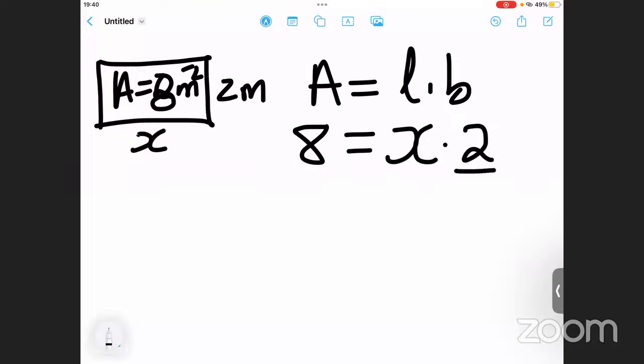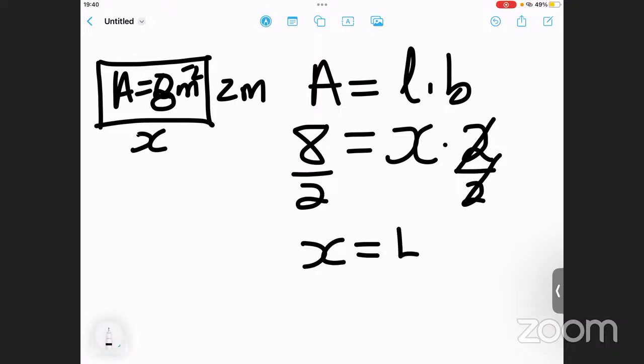So to calculate x, we divide by 2 so that we remove that 2, and then the x value equals 8 divided by 2, which is 4, and the unit is meters. That's how you calculate the unknown distance or length.